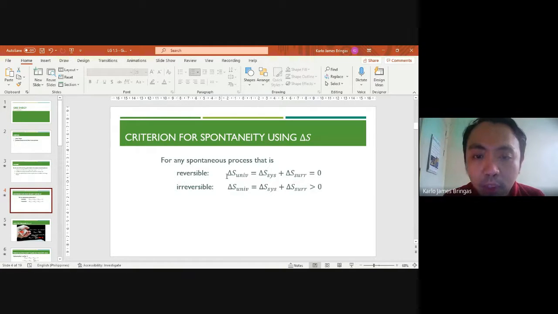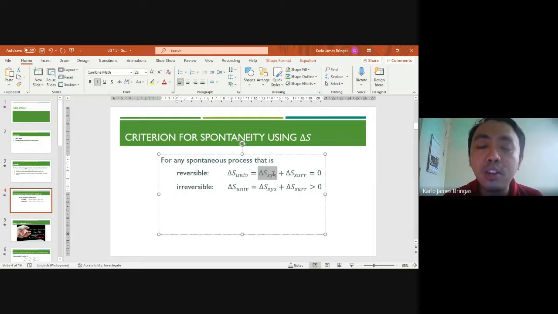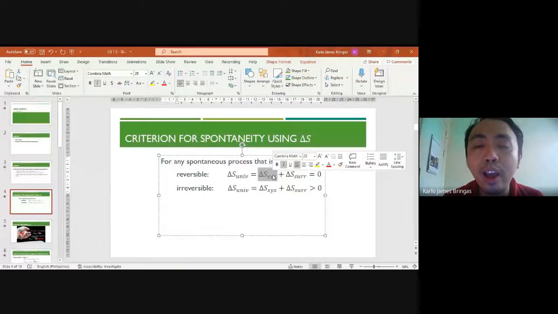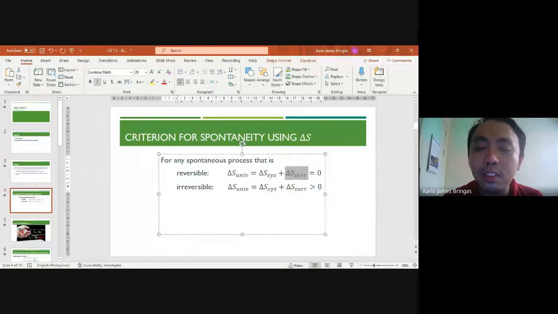There's a little bit of a problem with this one to use because in practice, it's really only the delta S of the system that we try to look at. It's only the system that we're interested in by definition when we're doing an experiment or any kind of chemical change or physical process. We don't really care much about the surroundings.